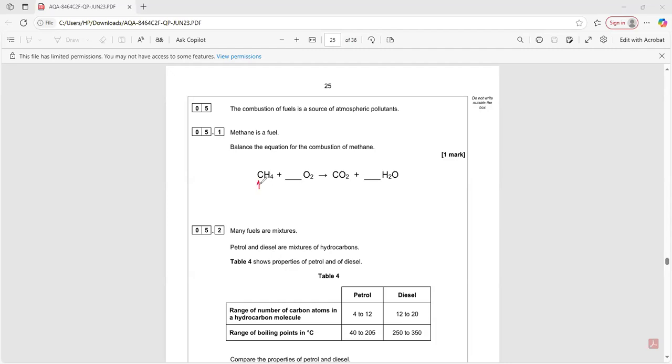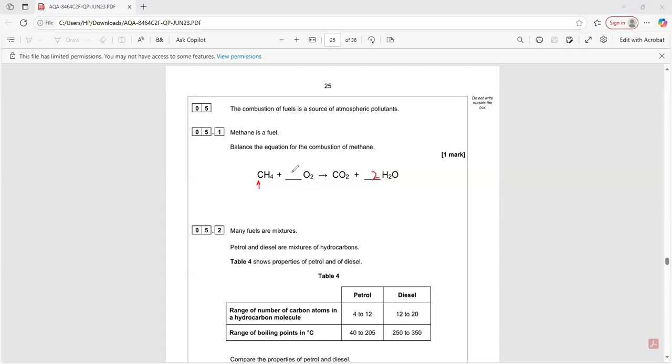A 2 in front of the H on the right hand side. Yes. Okay, good. So it's 2 here. On the other side, so that was hydrogen 4. Then what next? And a 2 on the other side as well.